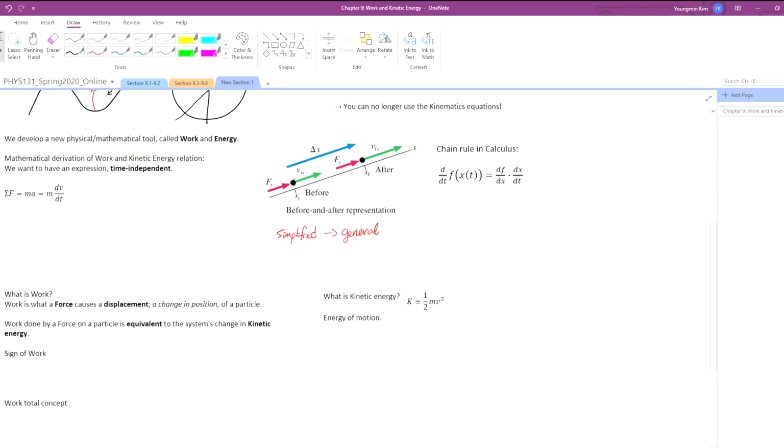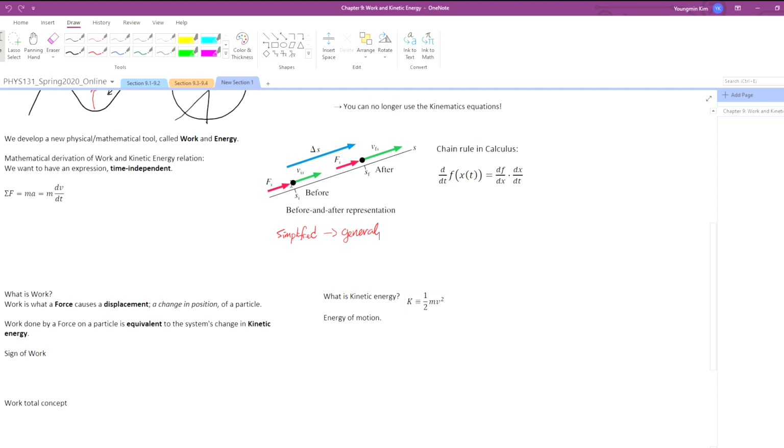The particle has initial velocity traveling along this axis. The textbook uses s, which could be x or y or any tilted axis. It's just a generalized form of the axis, but the particle is moving in one direction, and the force applied to it happens to be exactly parallel to that direction.